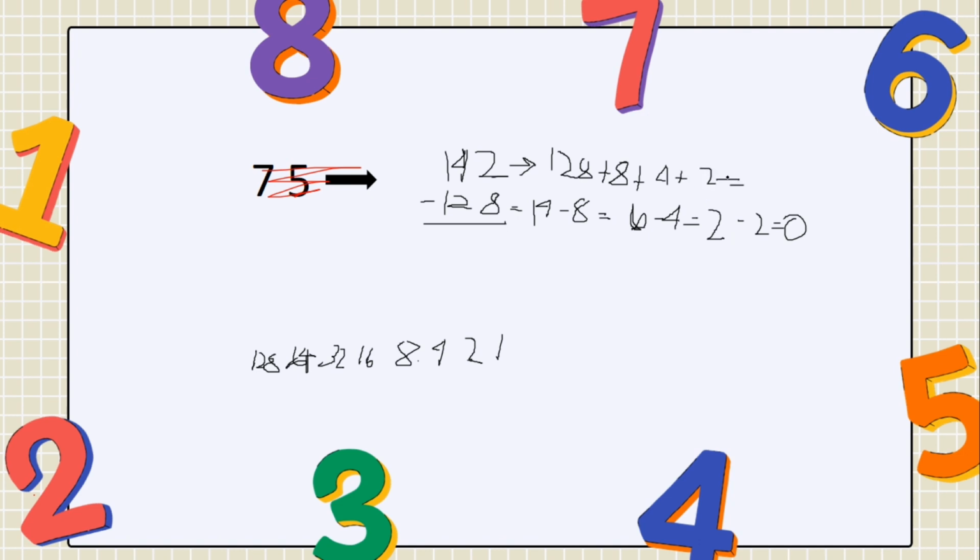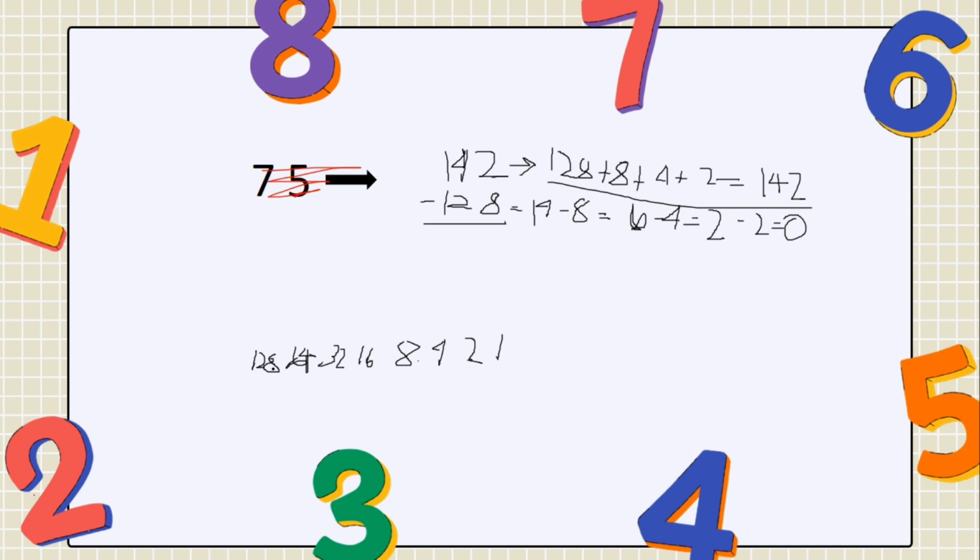So, let's add this first muna. So, 128 plus 8 plus 4 plus 2 equals 142. Tama siya. So, kung unsa ang present dire, may siya mag-represent as 1 for the binary.